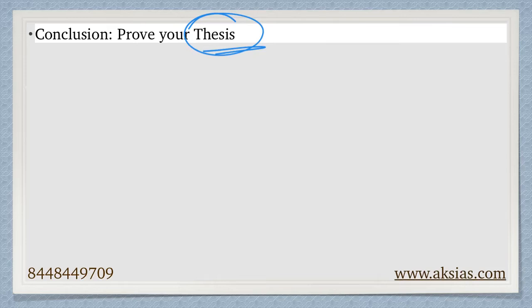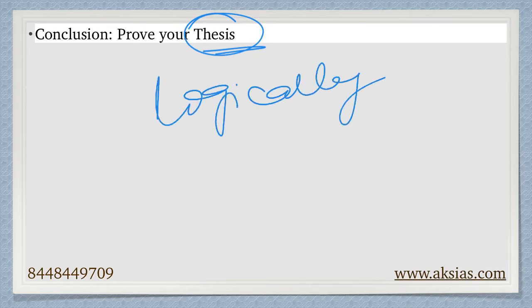The conclusion should be logically derived from the introduction and the body of the answer. If your thesis is positive, your conclusion should be positive in nature. If your thesis is negative, your conclusion should also be negative.